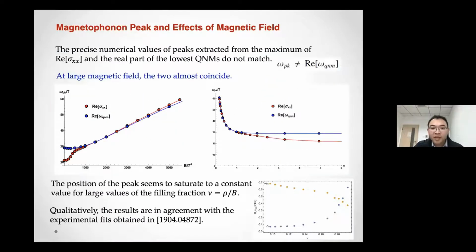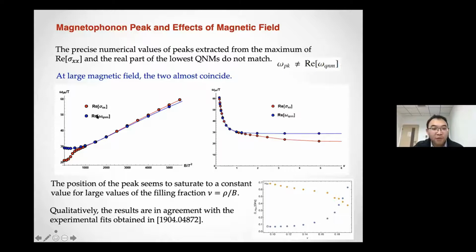So more precisely, the numerical value for the peak from the real part of the longitudinal conductivity, I mean sigma XX, and the real part of the lowest quasinormal mode do not match. This is reasonable because they are different quantities. But at larger magnetic field, these two almost coincide.